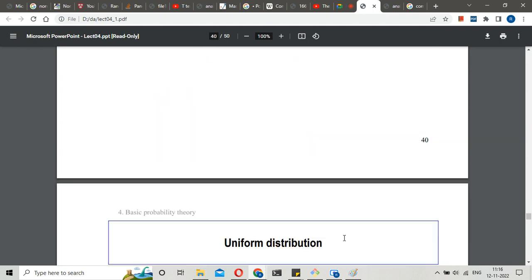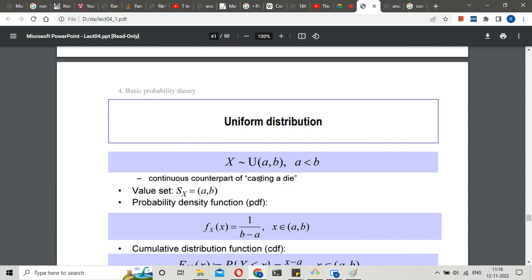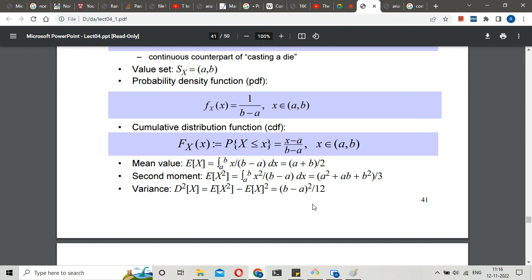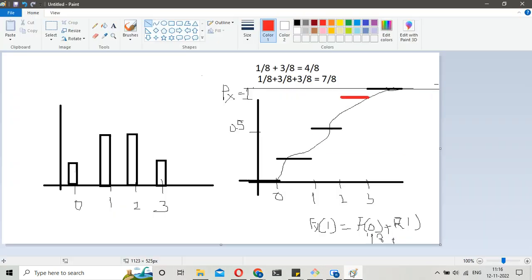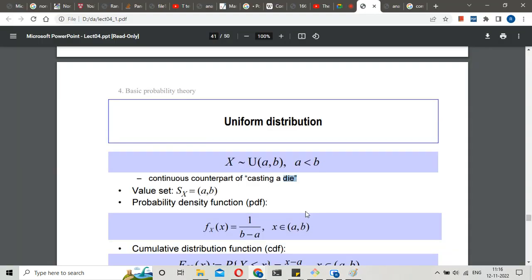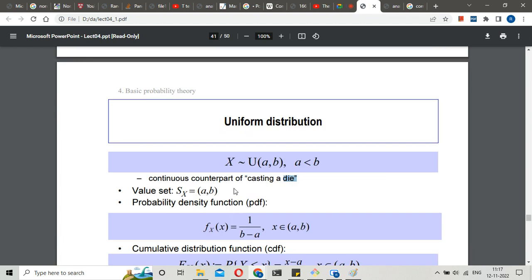Let's talk. So we call this a uniform distribution. It is like casting a dice, where the probability of getting each number, 1, 2, 3, is nothing but 1 by 6 always. That type of distribution we call a uniform distribution.